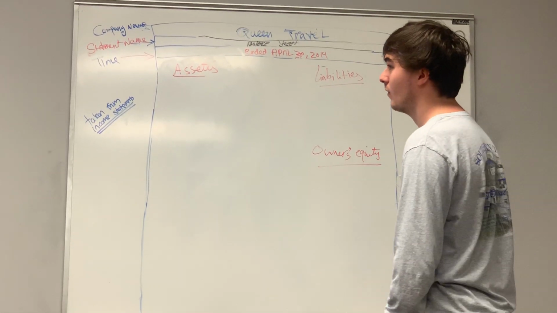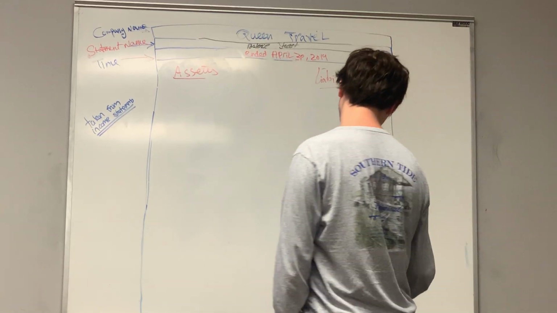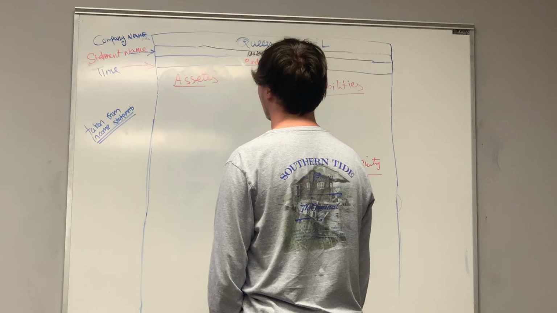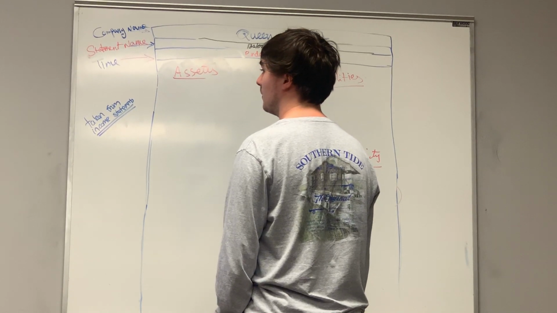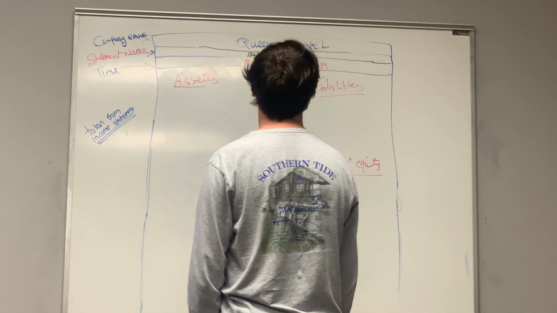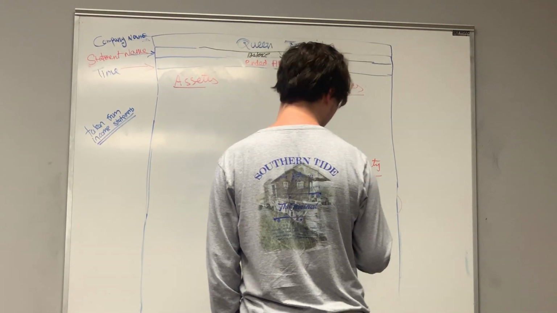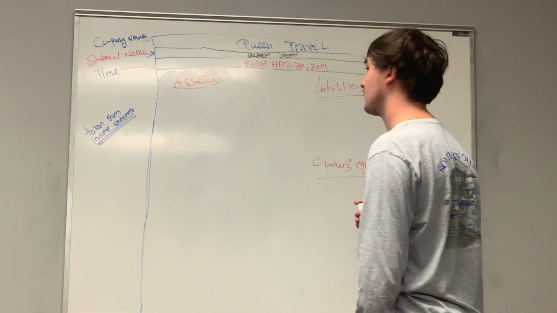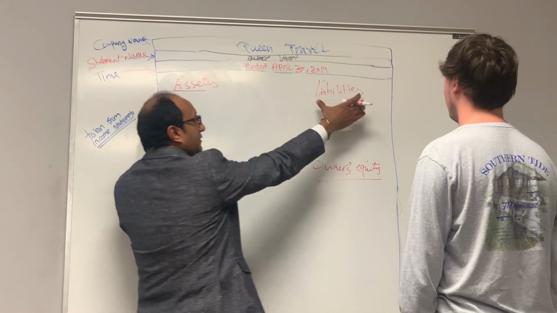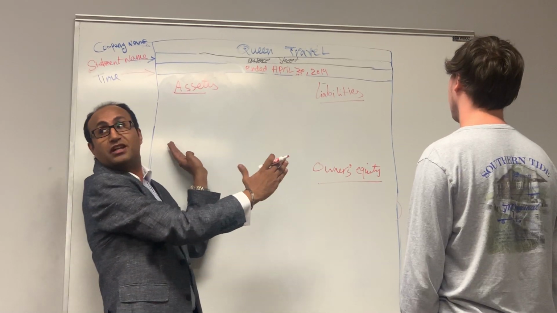Assets on the left side equal liabilities plus owner equity. So assets are on the left side, and liabilities and owner equity, 2 sections, are on the right side.